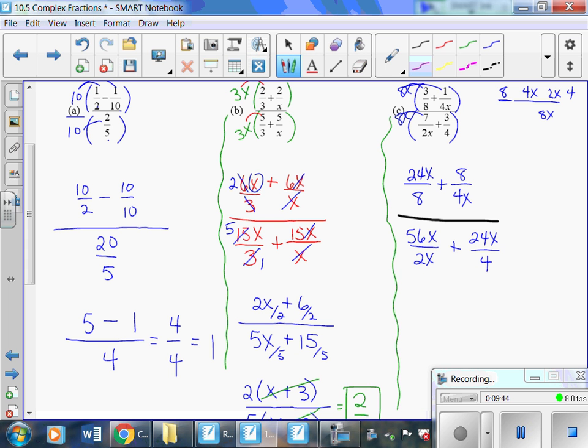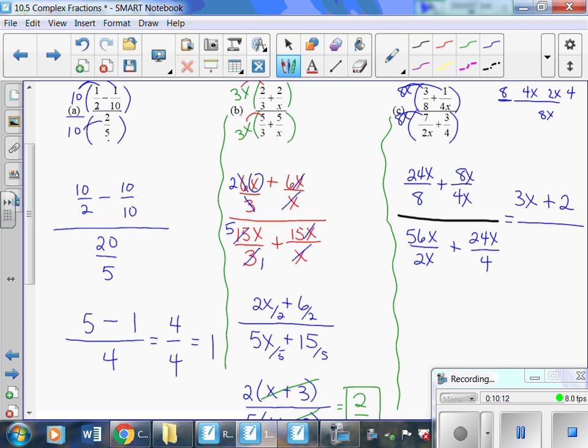And again, we're just going to be doing some simplifying now. Maybe I can even slide it over to here. So in my numerator, here's my big fraction bar. 24 divided by 8 is 3x, and 8 divided by 4x, oh, I'm sorry, this is an 8x here, missed that one, because I noticed I was going to get a fraction and I can't have a fraction.